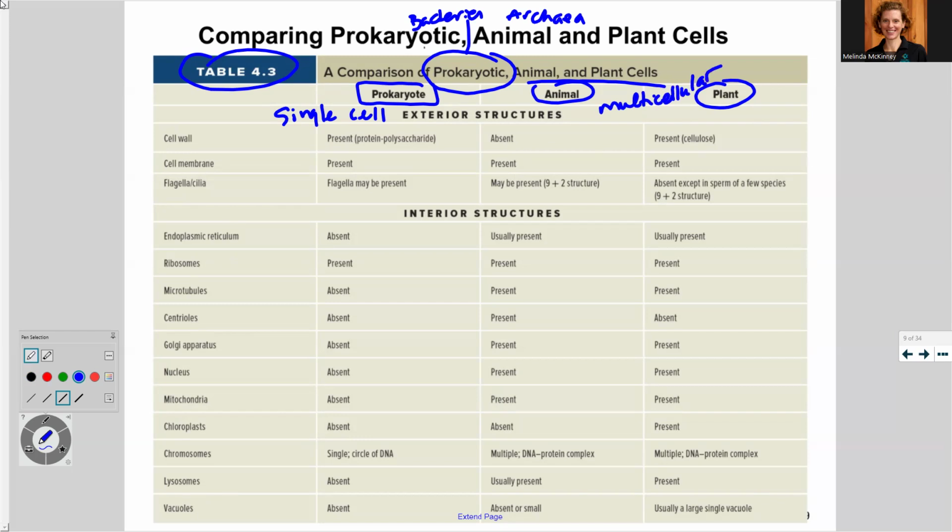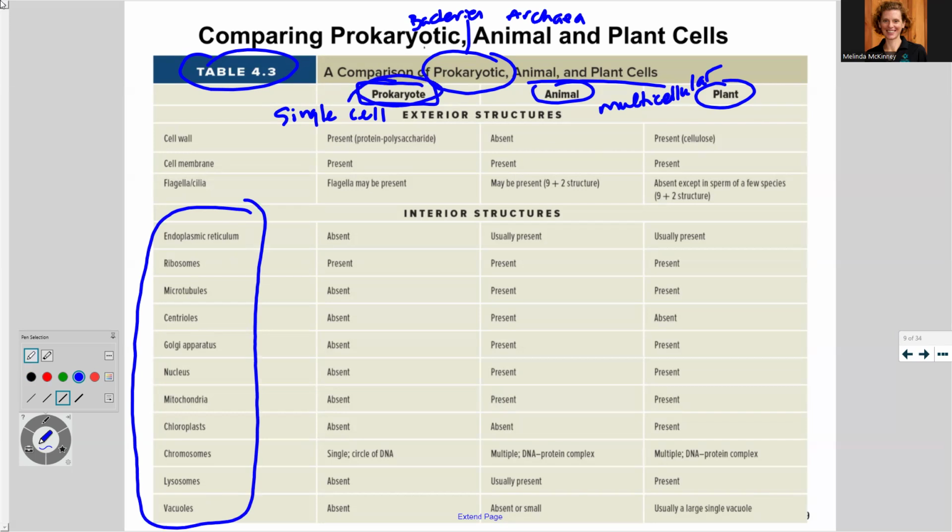In this case, we haven't learned any of this other stuff down here, right? The only things present in the prokaryotes are the ribosomes, so I want to draw your attention there.